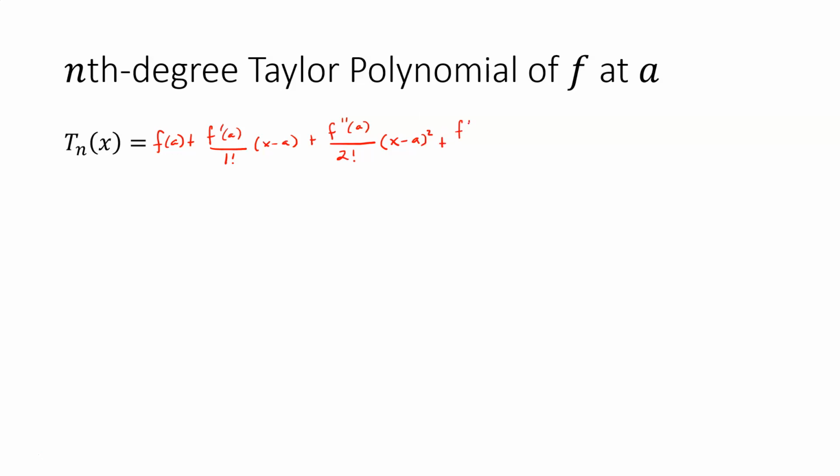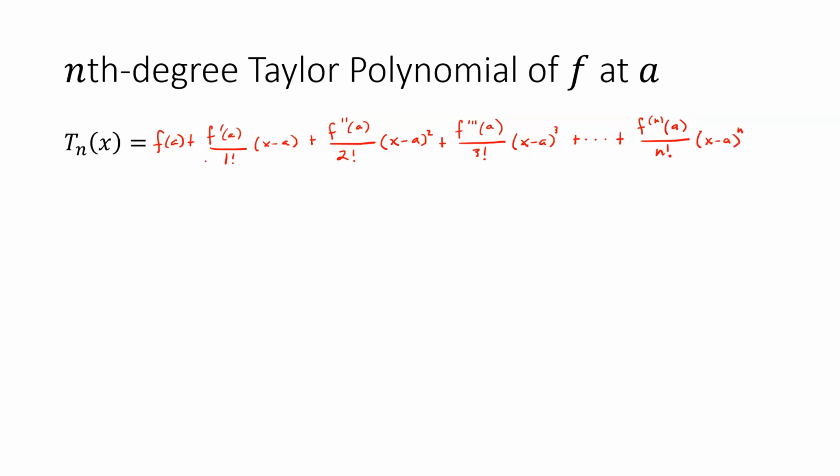The third degree term would be the third derivative at a over 3 factorial times x minus a cubed. And supposing we were continuing up to the nth degree term, which would be the nth derivative at a over n factorial times x minus a to the power of n.